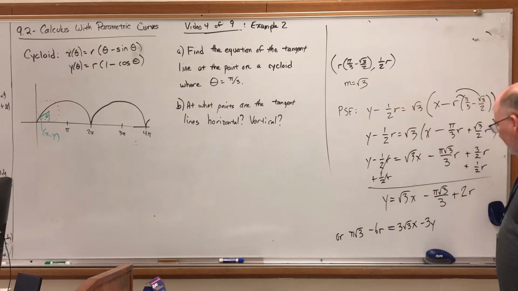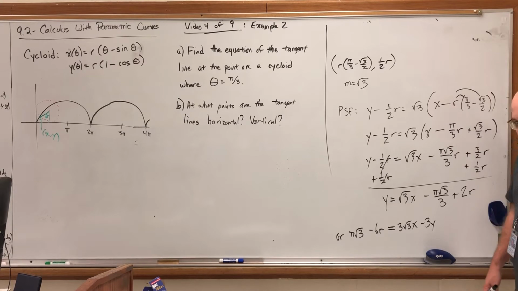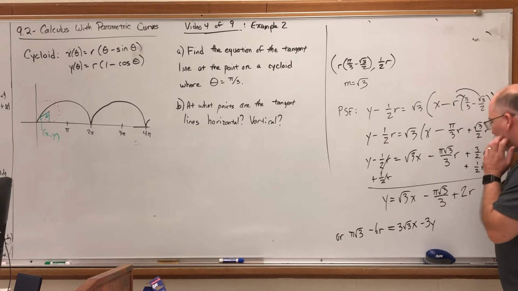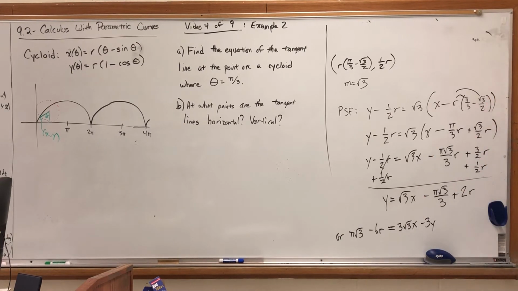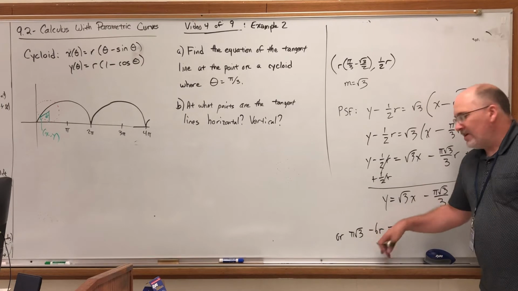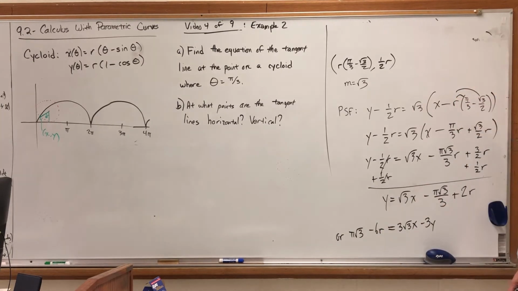As messy as it looks, this isn't that bad of an equation. It is in what's considered general form, which is a weak form, just get everything on one side, or all the variables on one side. And I cleared out the fractions just because. Keep in mind that pi times the square root of 3 minus 6r is a constant because the radius is a constant. We just don't know what it equals. So either of these answers are okay.